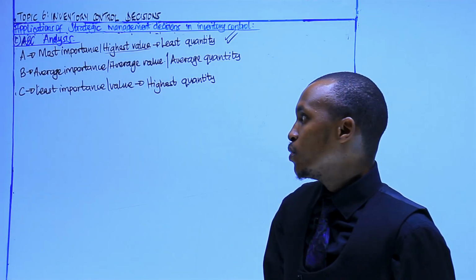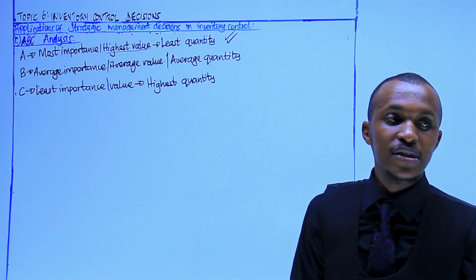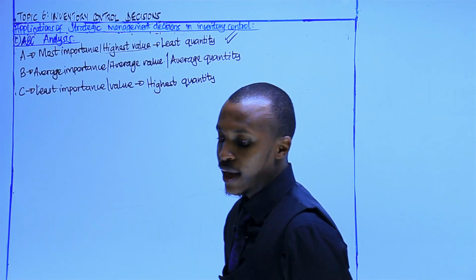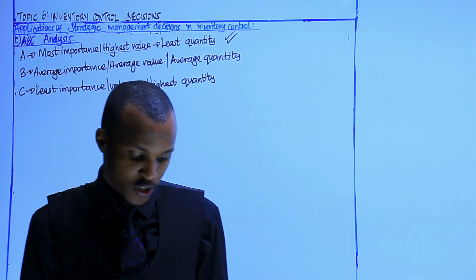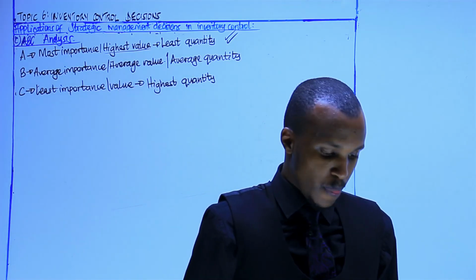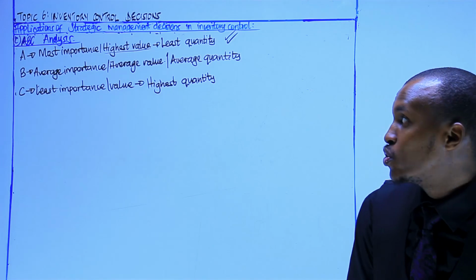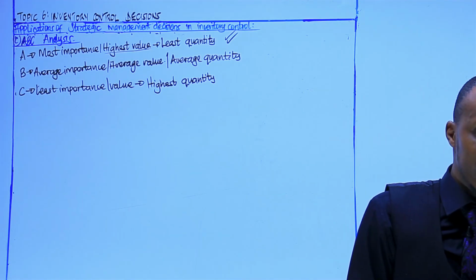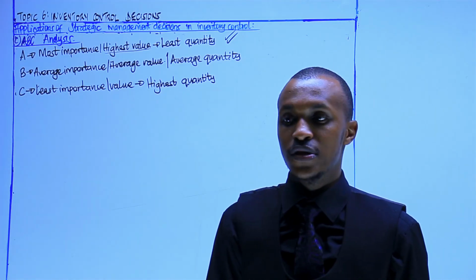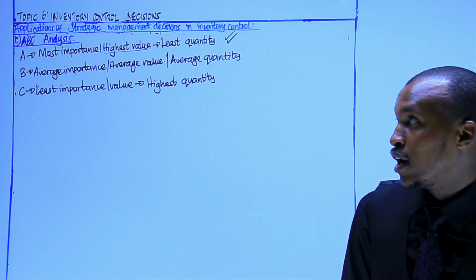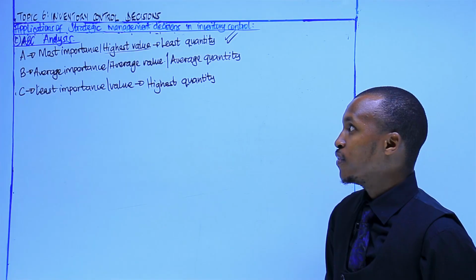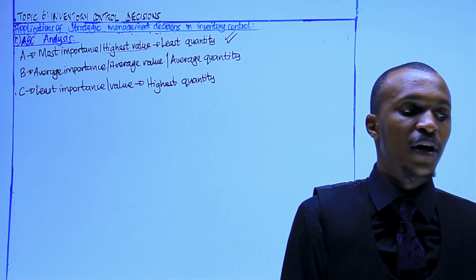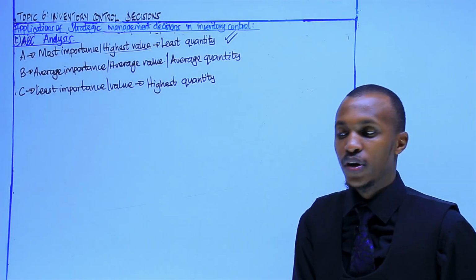So it is subjective in terms of how inventories are classified. That is what we refer to as ABC analysis, where you classify costs based on value, or the importance to an organization.